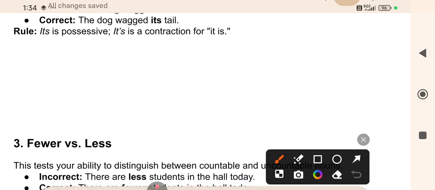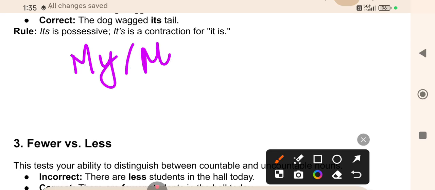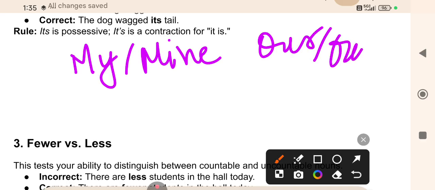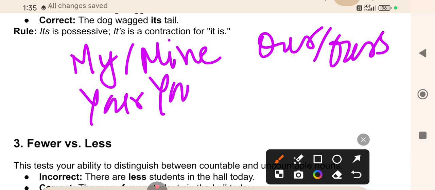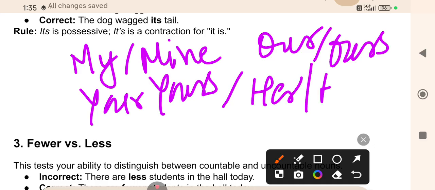You must be familiar, my and mine, our and ours, your and yours, her and hers. His is singular, no, his is, hers.